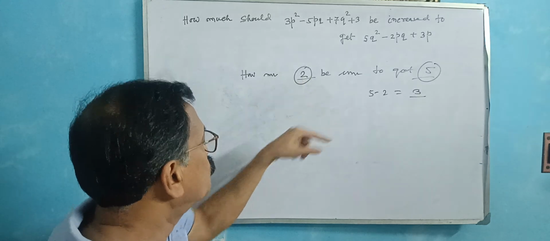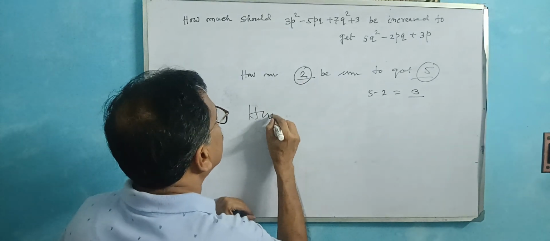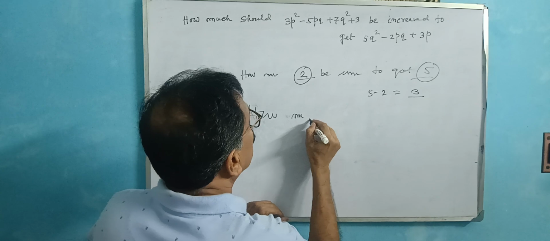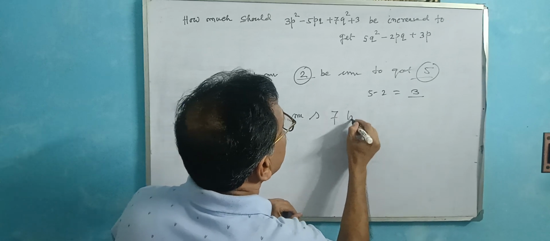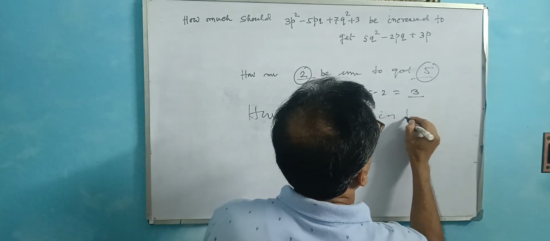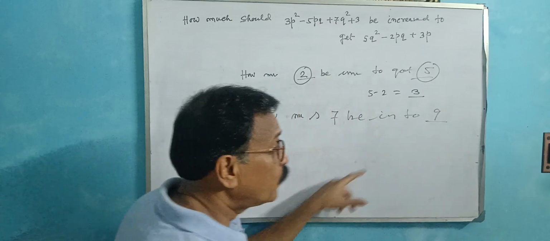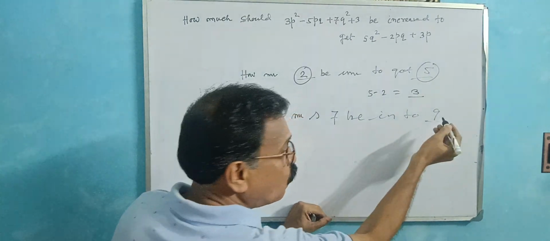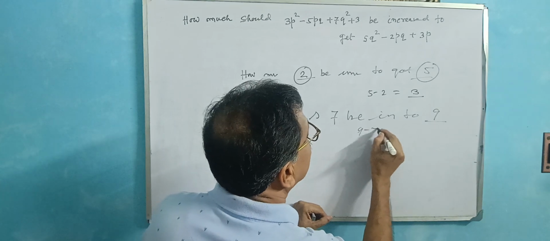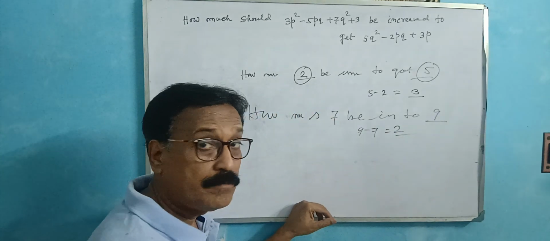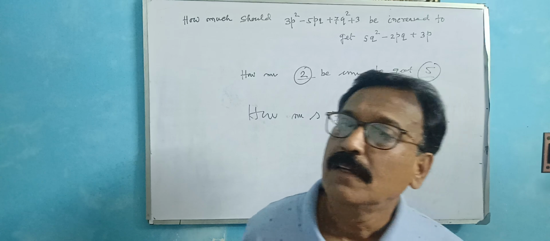How much should 7 be increased to get 9? To get 9, that means by how much to increase 7 to get 9, then 9 minus 7, 2 has to be increased. Clear?